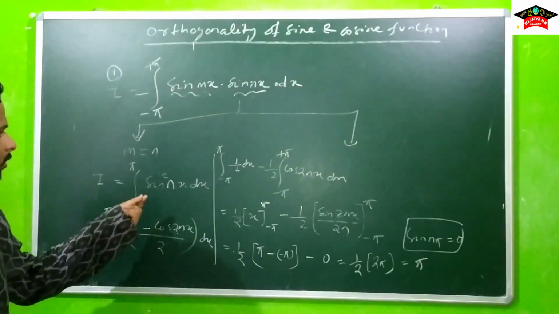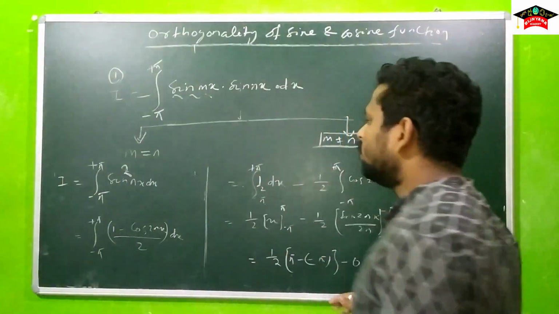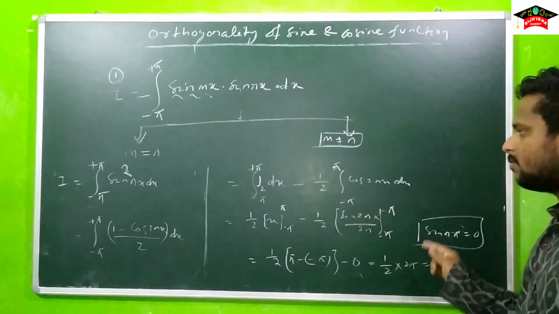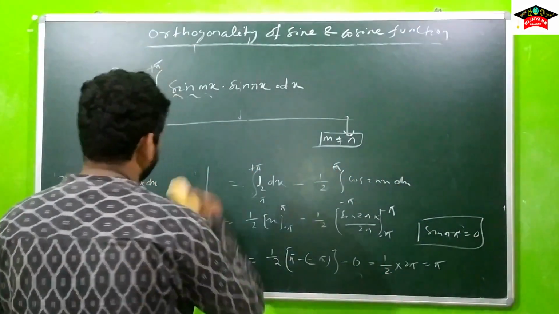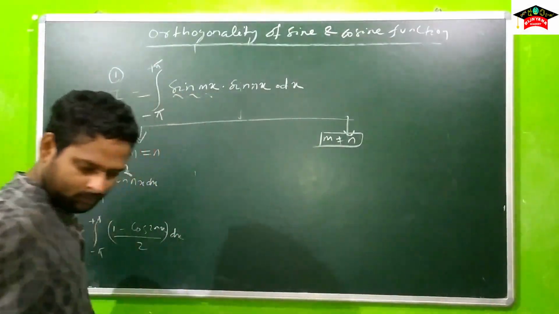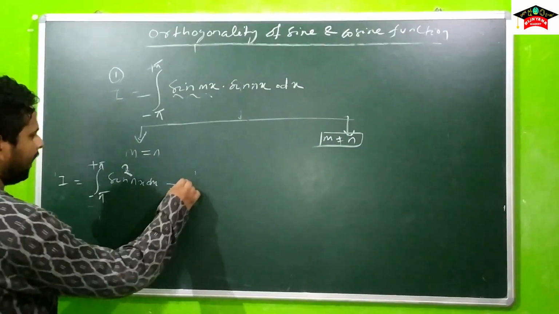And I am just writing the whole integration value. Simply we can write the integration as a single value which we have got, pi. So I am erasing this integration and we can write simply that this integral value will give us pi.